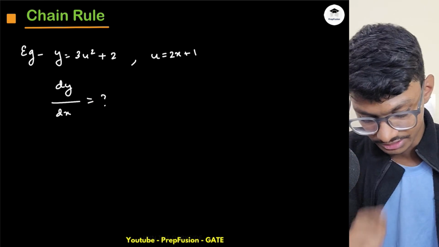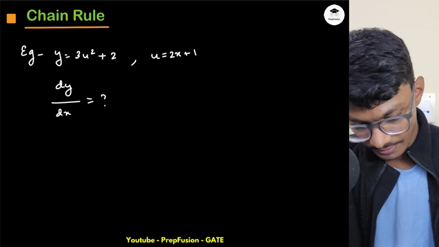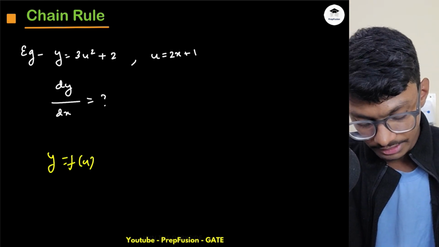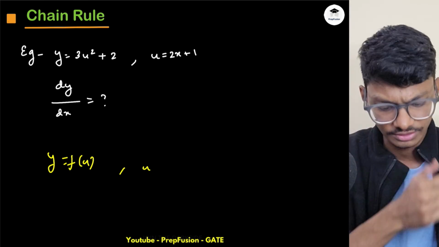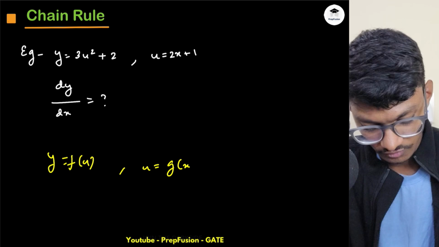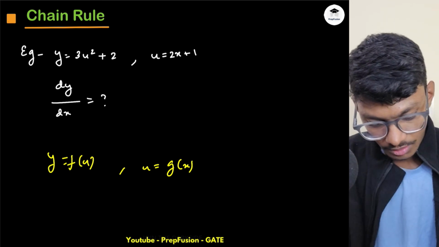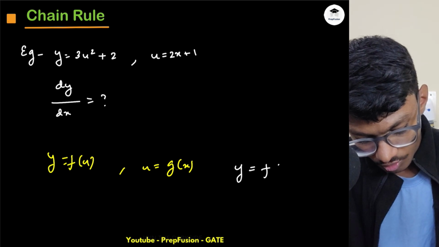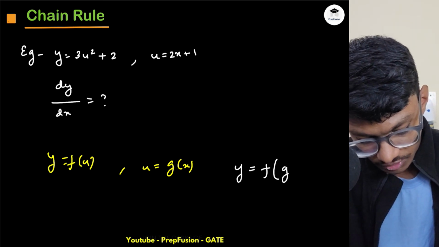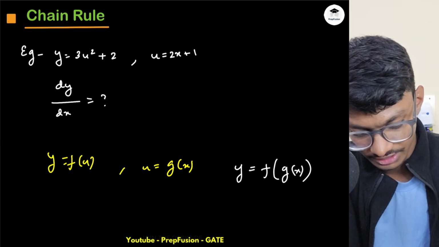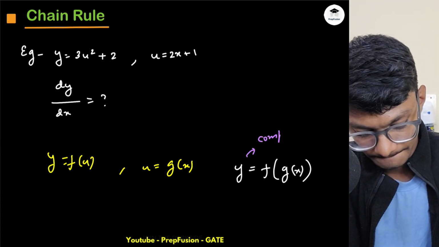So I will write y as a function of u, and u as a function of x. So y is a function of u, and u is a function of x, so I can write it like this. This is like a composite function, right?